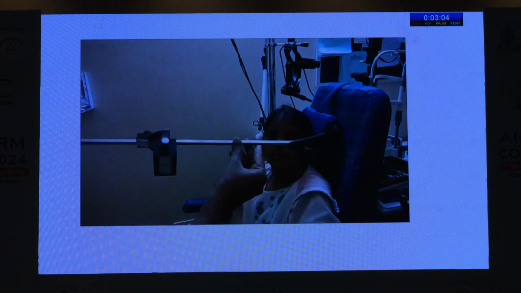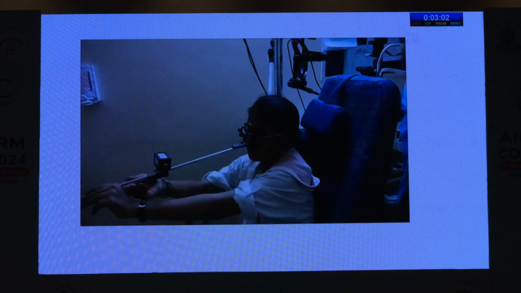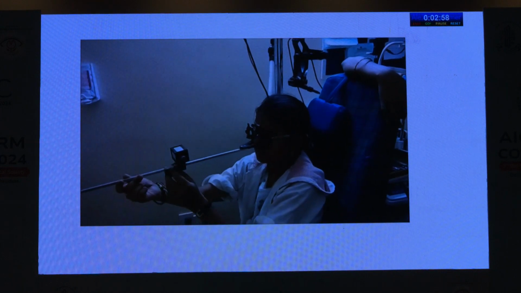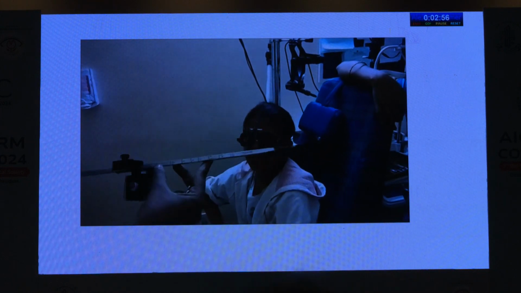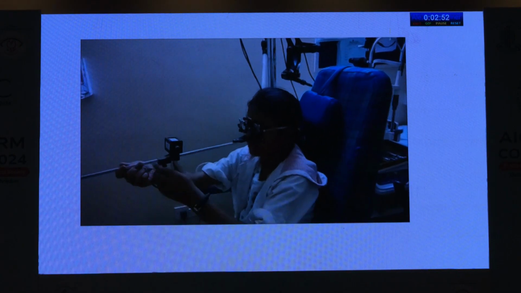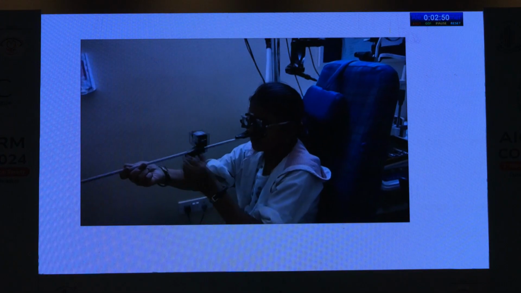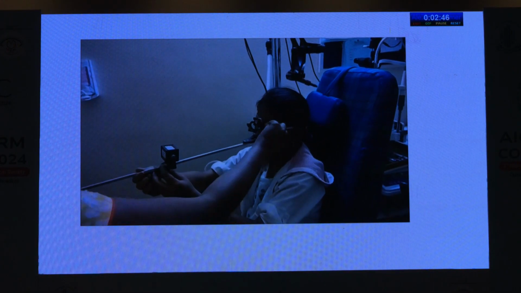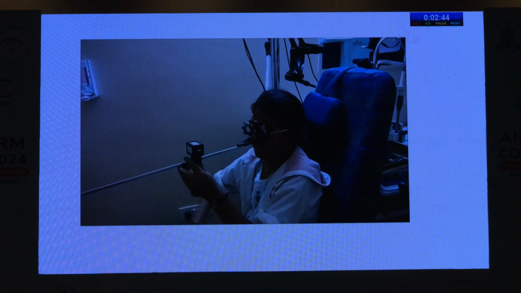So that is reduced, and it's a very nice, very cheap device that gives you objective values. As I add plus lenses, the near point comes back to her normal age. She was in high school and reading was getting difficult.